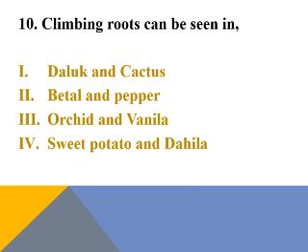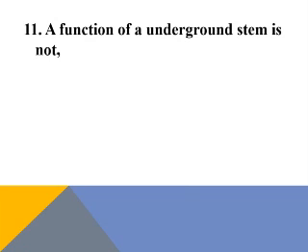Question number 11. A function of the underground stem is not. We all know that most stems are found above the ground, but some stems grow under the ground. This type of stem is called an underground stem. Turmeric, ginger, onion and potatoes are some common examples of underground stems.